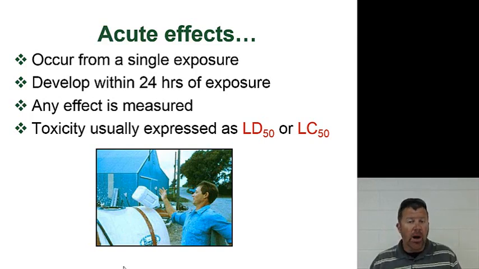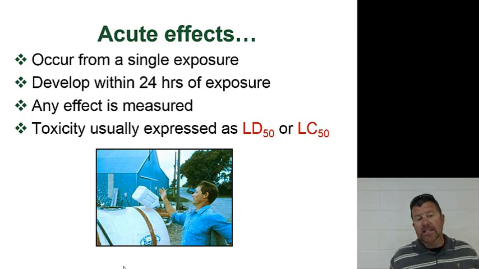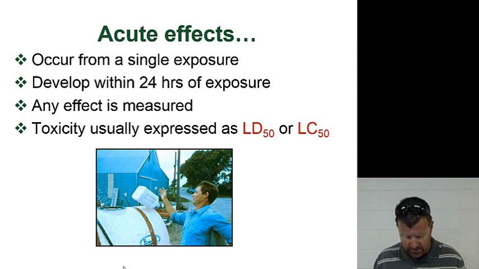The EPA requires testing of acute systemic effects by measuring any negative effect that occurs through doses that cause death. And when comparing toxicities of pesticides and classifying the pesticide toxicity, scientists and the EPA use the LD50 or LC50 construct. So let's take a look at what that means.